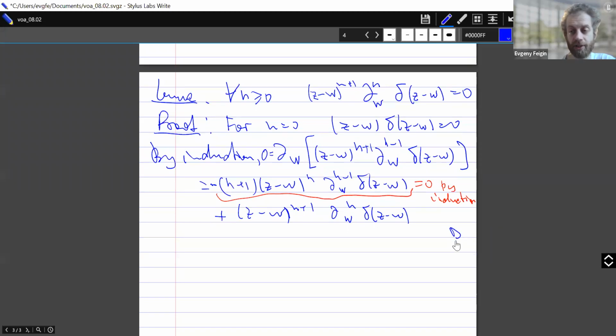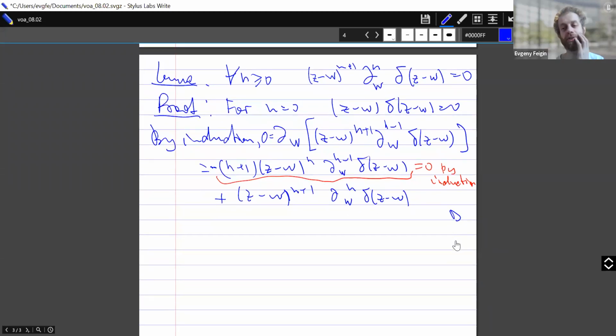So you see this delta function and its derivatives somehow serve as kernels of the multiplication operator by z minus w to some power. And we can actually make the statement more precise. So let me put forward the following proposition.